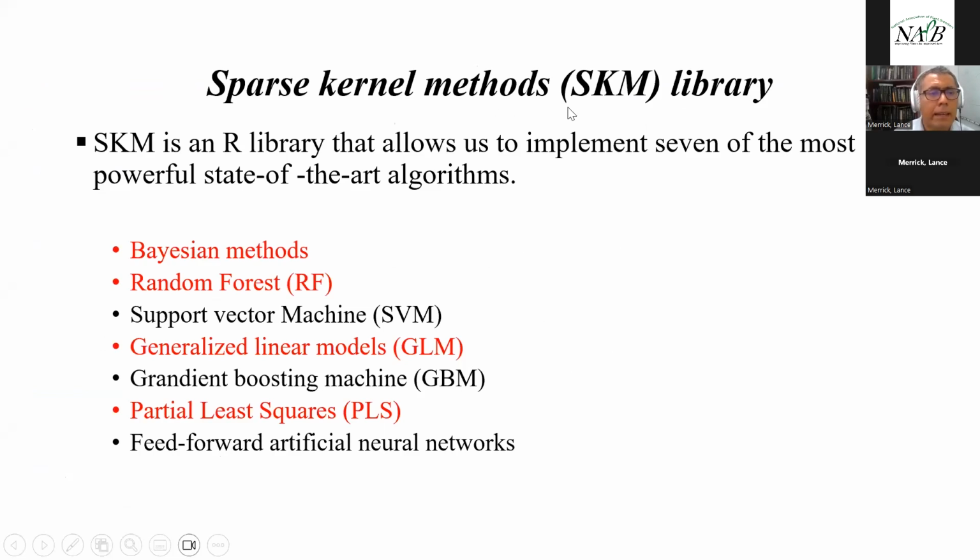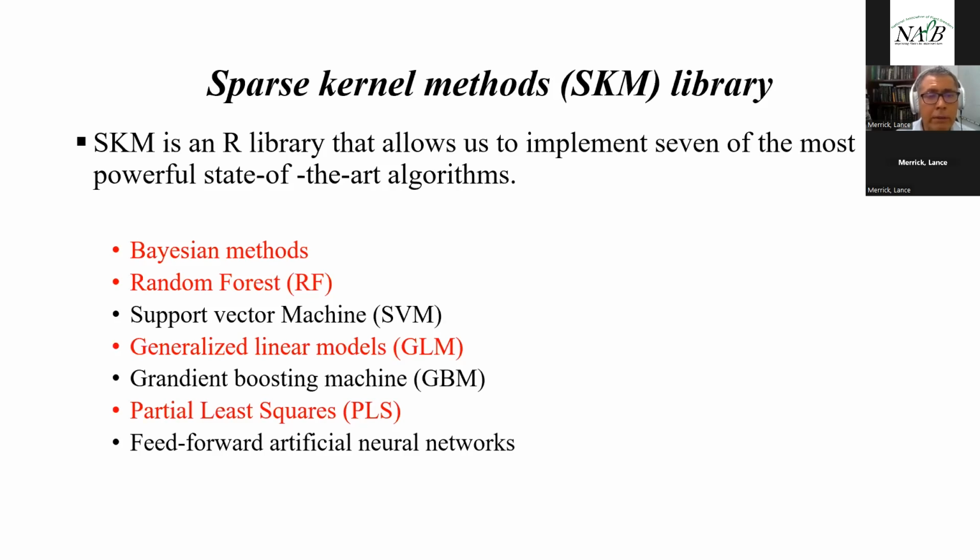The sparse kernel methods library is a library in R that allows implementing 7 of the most powerful state-of-the-art algorithms. We can implement Bayesian methods, random forest, support vector machine, generalized linear models, gradient boosting machine, partial least squares, and feed-forward artificial neural networks.